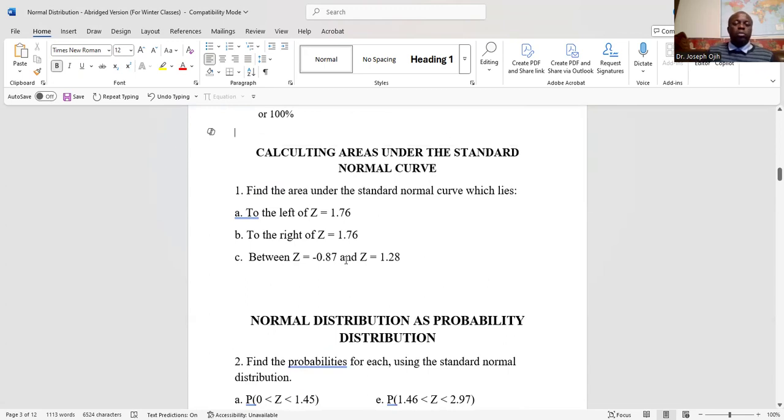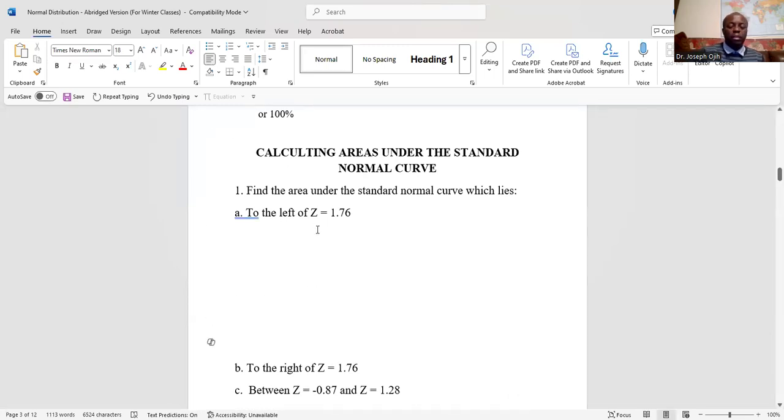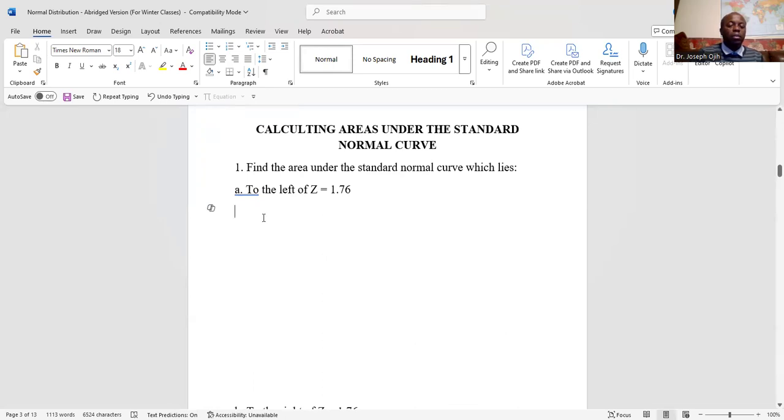The work will be done under the topic, calculating the areas under the standard normal curve. It says here, find the area under the standard normal curve which lies to the left of Z 1.76. How do we do that? First thing is to draw the chart.